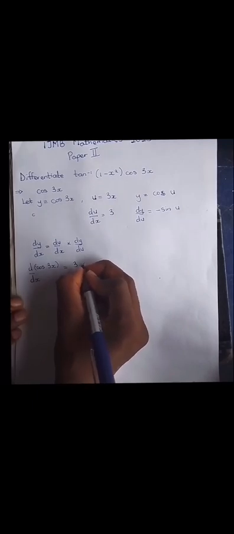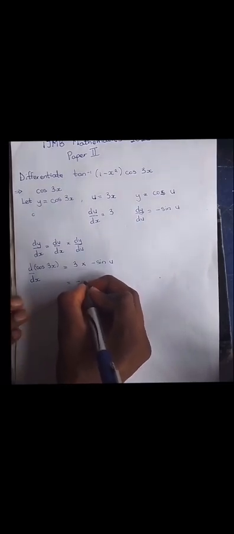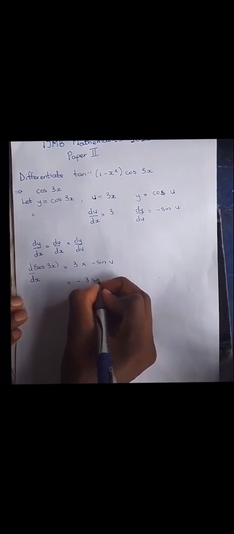dy dx is equal to du dx times dy du. So therefore, finding the differentiation of cos 3x, d cos 3x all over dx with respect to x is equal to, our du dx here is 3 times, and now the dy du is minus sine u, which is equal to minus 3 sine u.